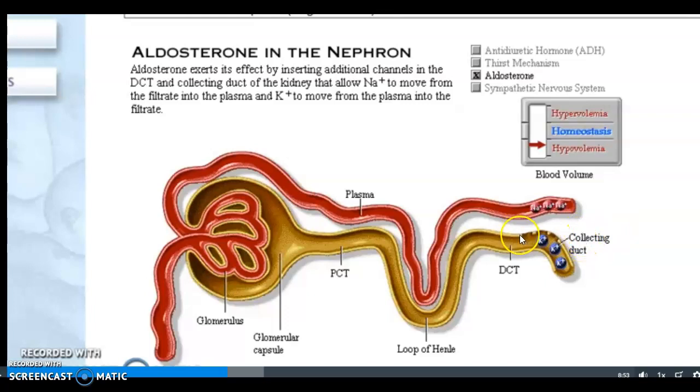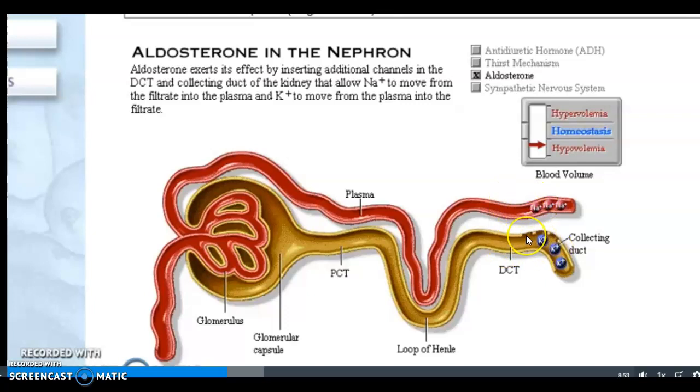It's going to trigger those cells to build more sodium-potassium pumps, and the pump is going to pump the sodium that was here into the interstitium, and then pump the potassium that was out here into the duct.